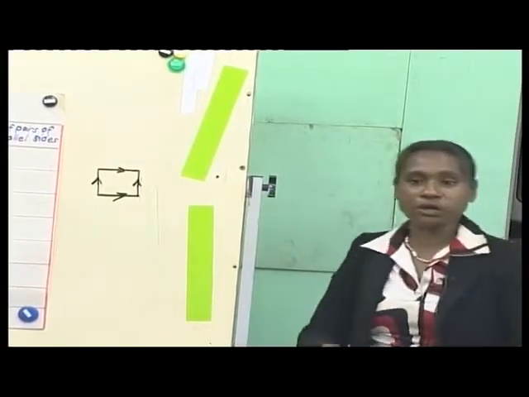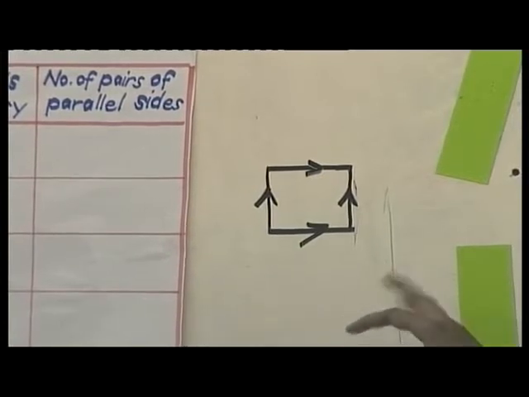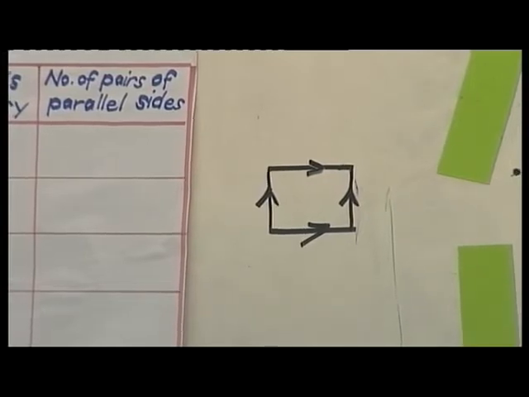So take note when you are trying to work out the parallel lines on those shapes, be very careful in how you put in your little arrows to indicate that these sides are parallel. Make sure you use your ruler to see that one side is running side by side with the other side.